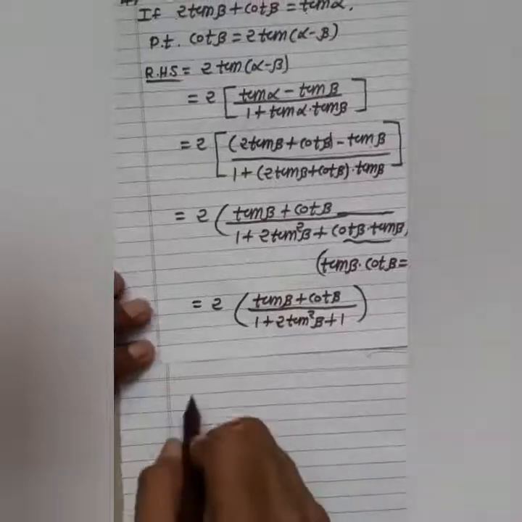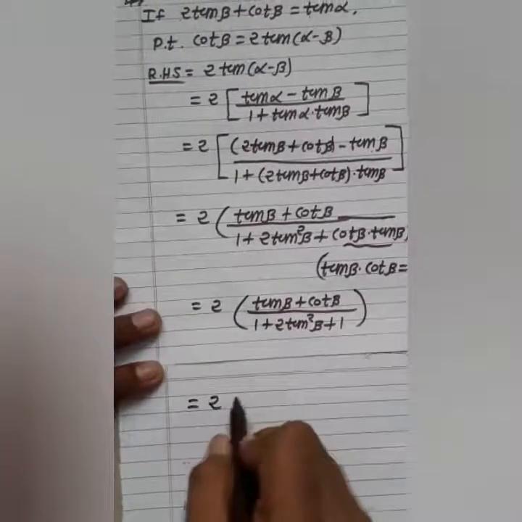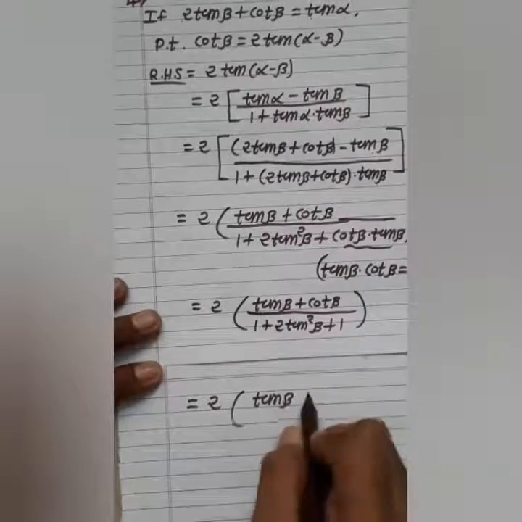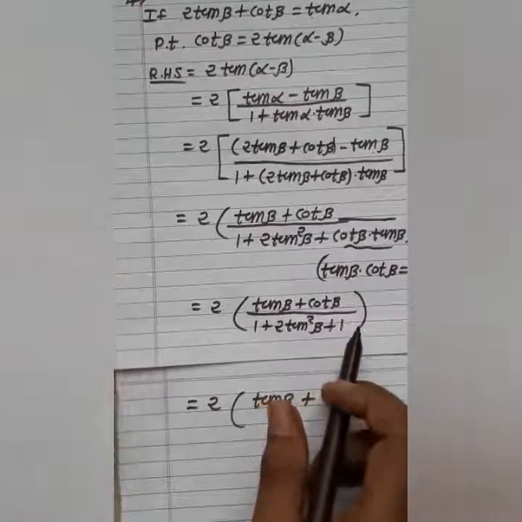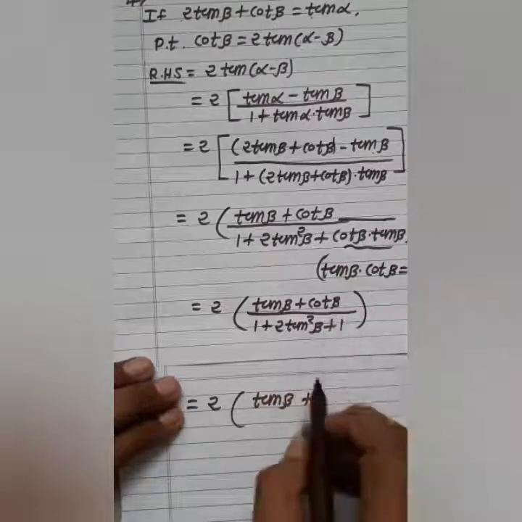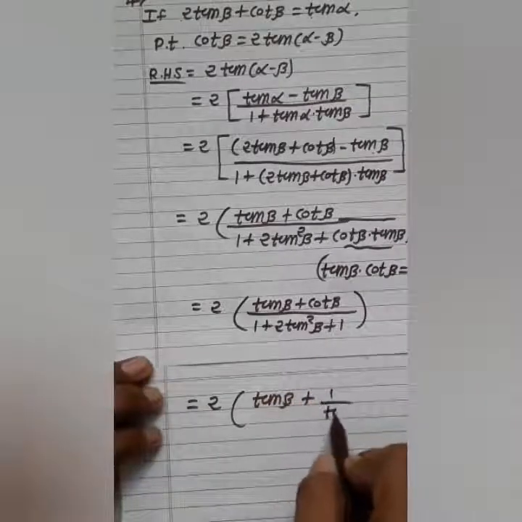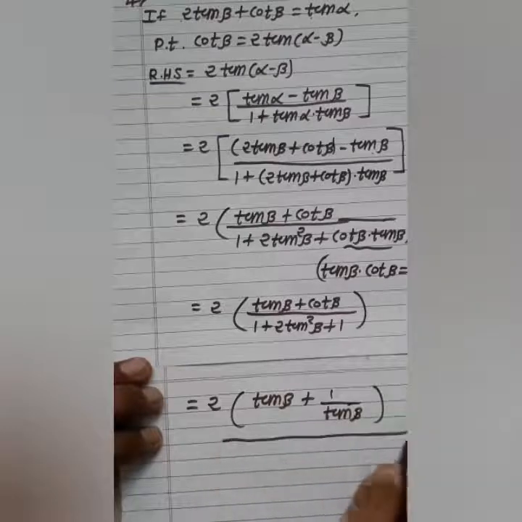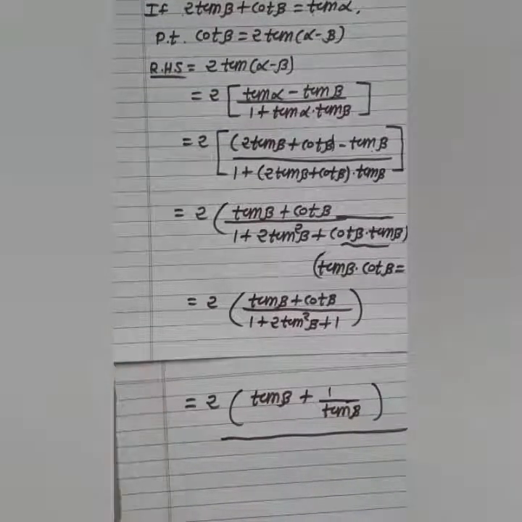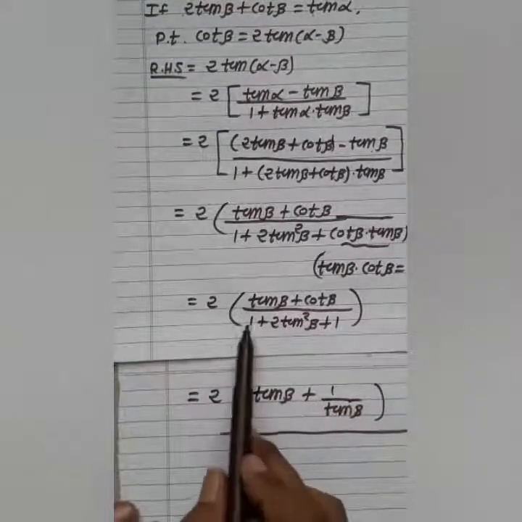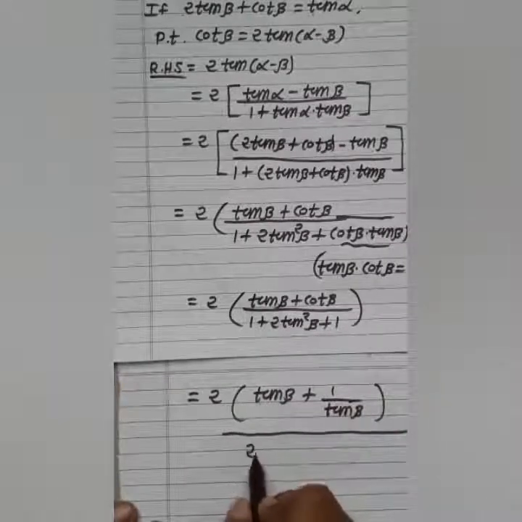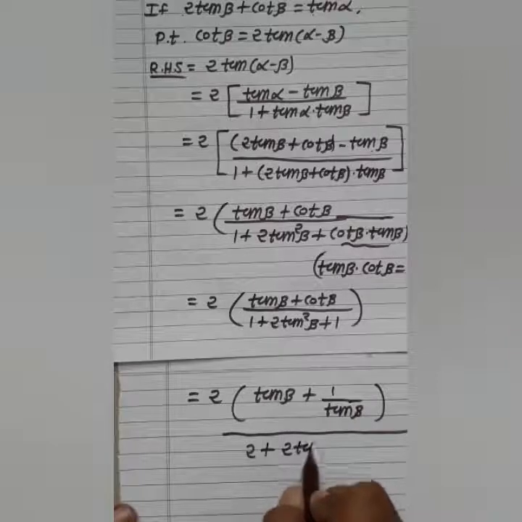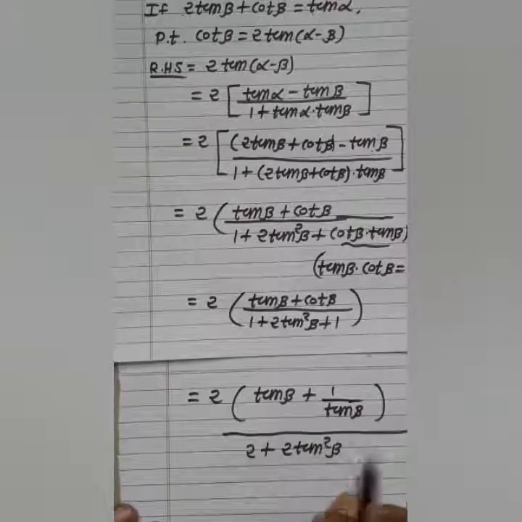So it is equal to 2 into bracket tan beta plus cot beta, in place of which we can also write 1 upon tan beta, upon, in the denominator term, 1 plus 1, that means 2, plus 2 tan square beta.